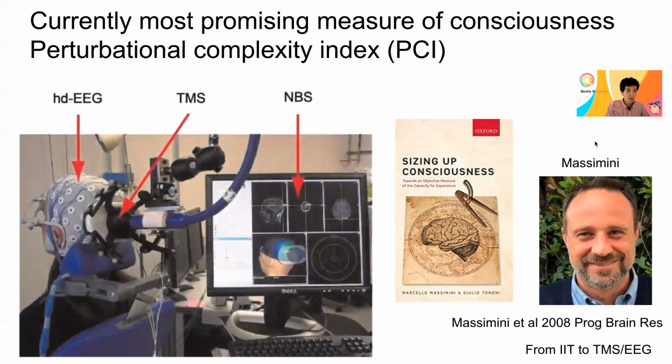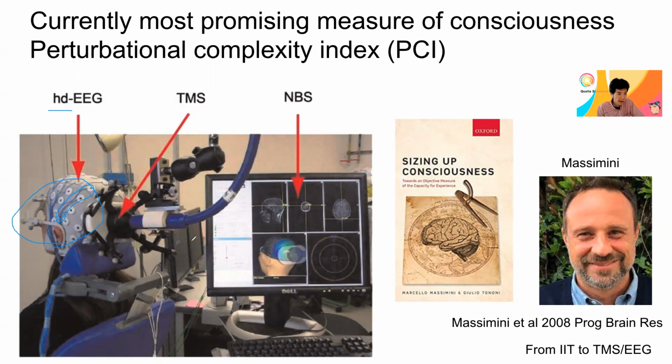So what Marcello and Giulio did is the following kind of experiment. This is a participant on the left side, and they wear this EEG cap. You see a lot of connected lines to each of the electrodes that measure the brain wave, and HD means high density EEG.